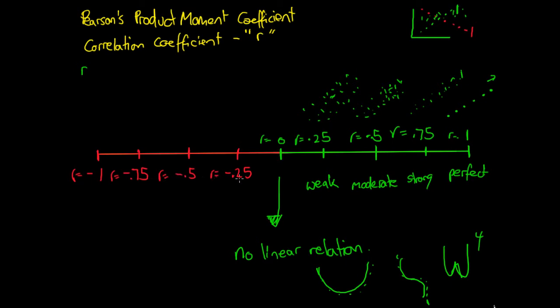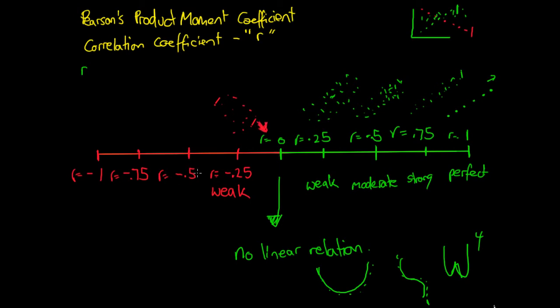So all these red values have negative signs out the front. This r here means that we have a weak negative relationship. So if the correlation coefficient is equal to negative 0.25, it means we have a weak negative relationship. Basically it means that we're still going to see our data loosely scattered, but instead of pointing upwards, the direction will be more downwards, like this way.